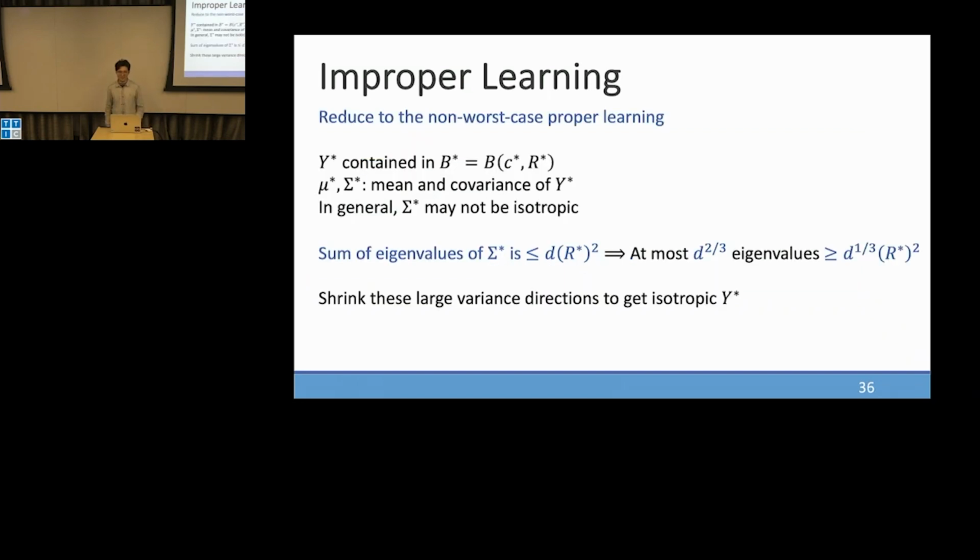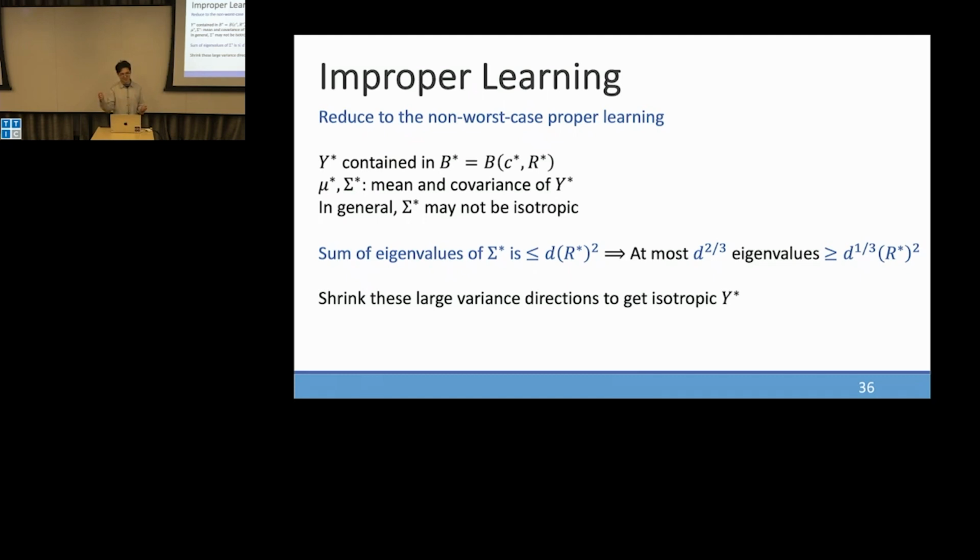And the intuition for this is still using our previous observation for non-worst case proper learning. We can find the large eigenvalues of the covariance matrix of y star, and there are not too many of these large eigenvalues, and we can run a transformation to shrink these large variance directions and go back to the isotropic case.